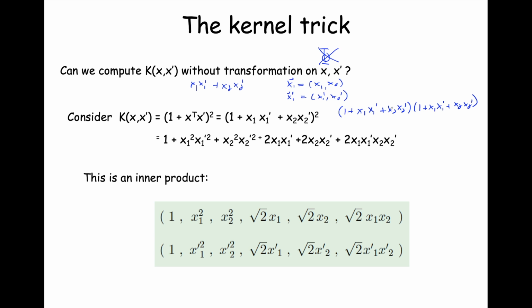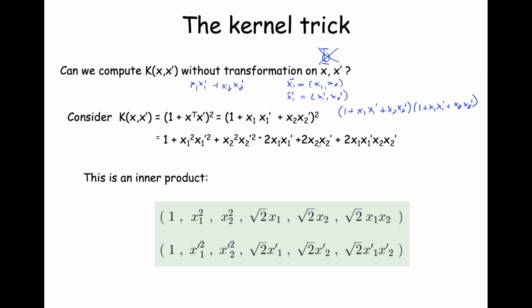First this times this, plus this times this. That's another contribution. That's where you get the 2 x1 x1 prime. Plus this times this, that's another contribution, where you get this one. And then you have x2 x2 prime times x1 x1 prime, and x1 x1 prime times x2 x2 prime. That's where you get two of these. That's where you get this last term.